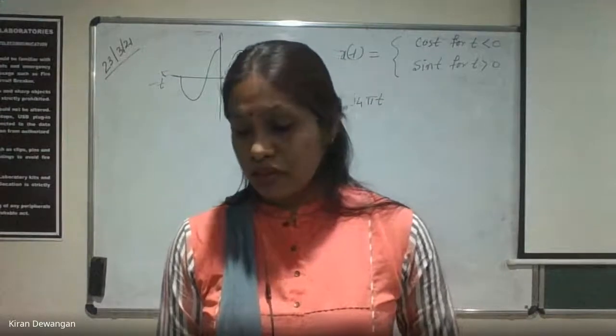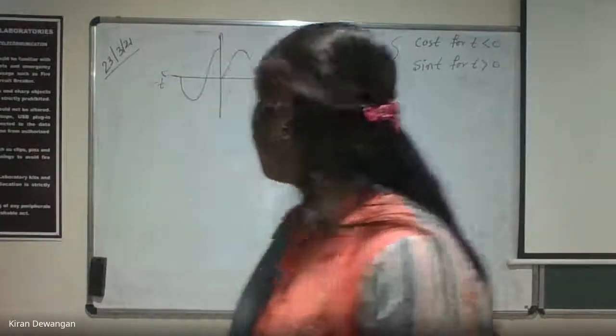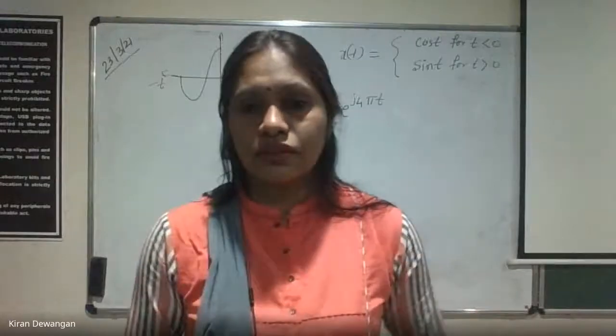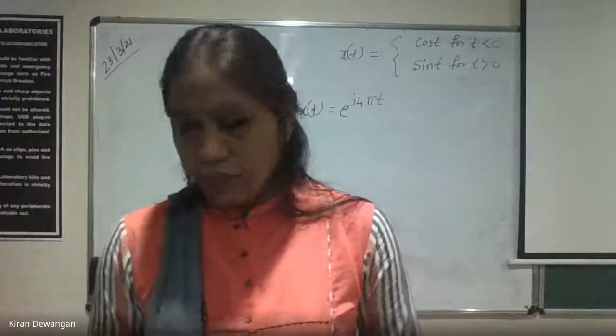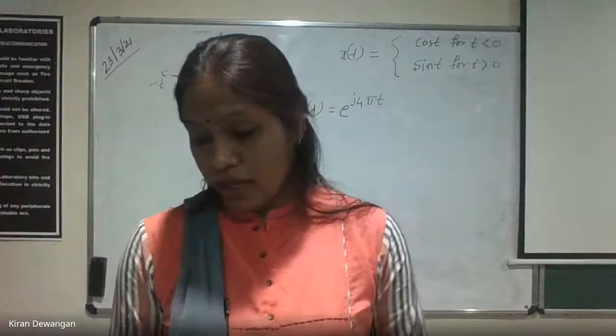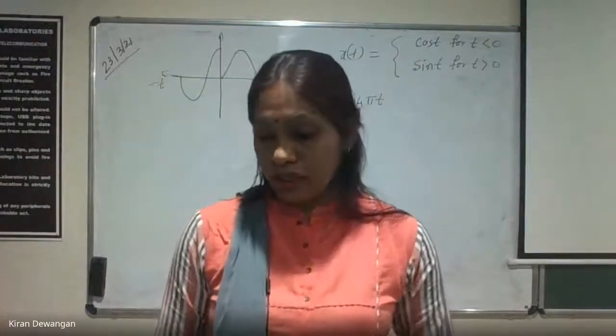Yes students, e to the power j omega naught t कराया था अभी। So what is its fundamental period? It will be 1 by 2. 1 by 2 is the fundamental period.